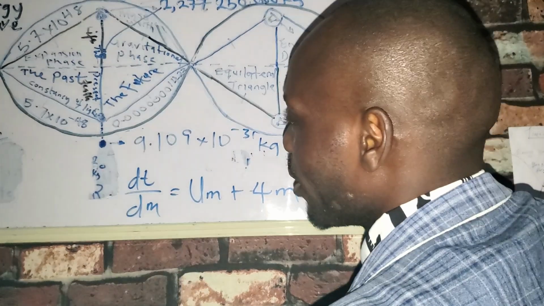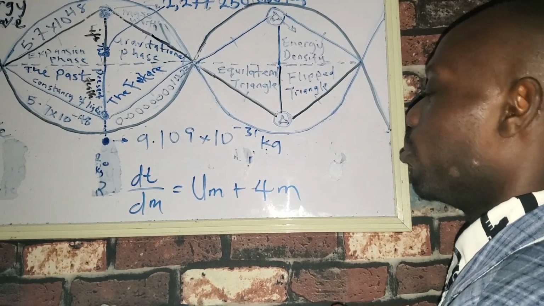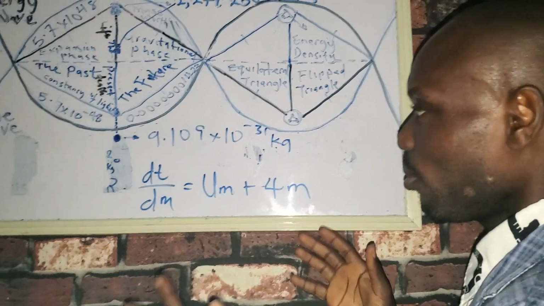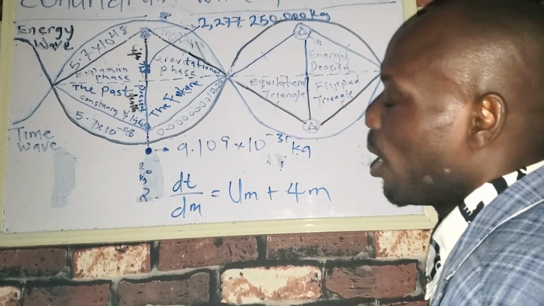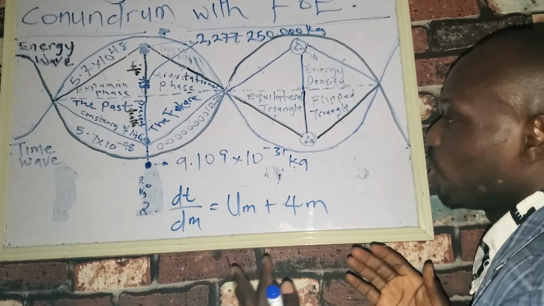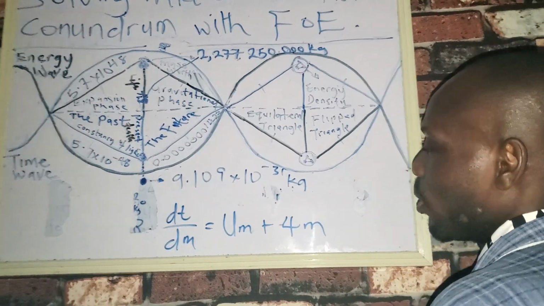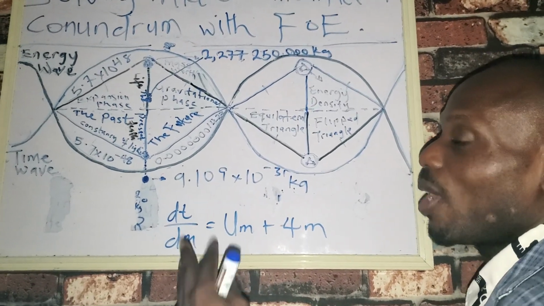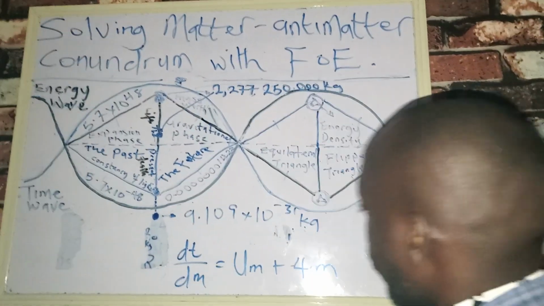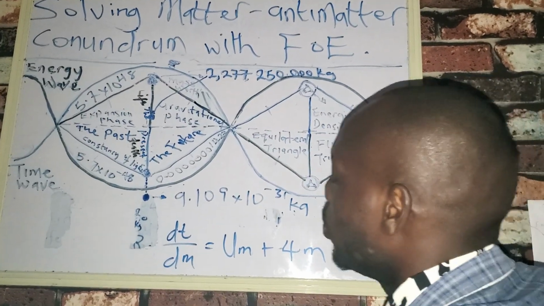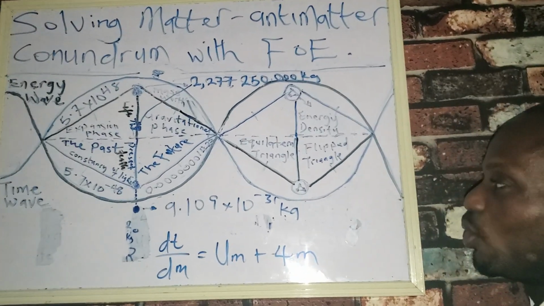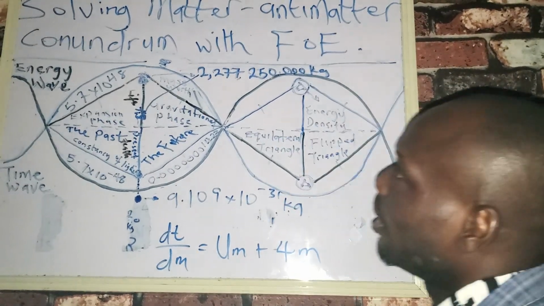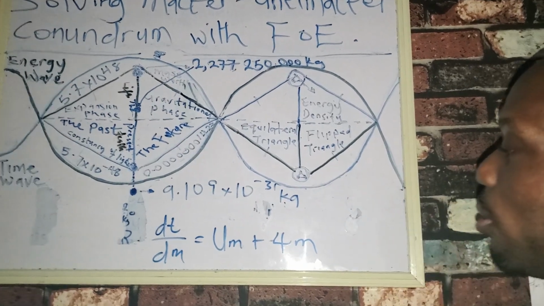Because electromagnetic force can be likened to strong force, while the gravitational force is the weak force. Then we have strong nuclear force, then weak nuclear force. So basically, we're going to use this formula of everything to explain that matter-antimatter conundrum.